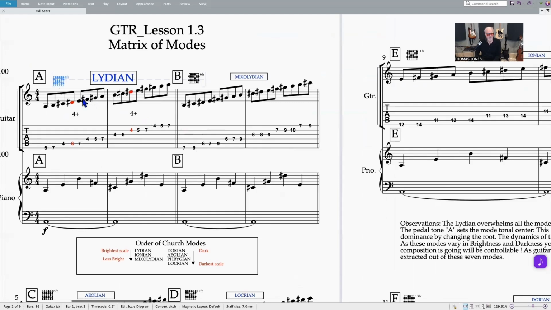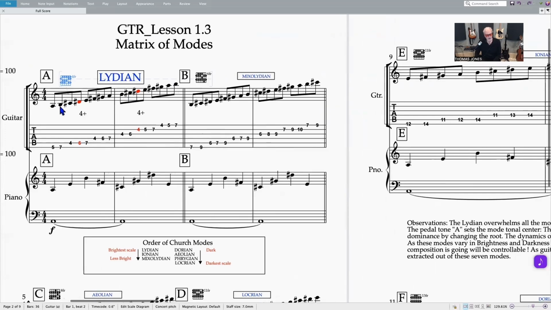Now, if I play these notes, but instead of starting on A, I start on B, I'm going to play all the same notes that are in the Lydian mode, but start on B. That would be here, okay?